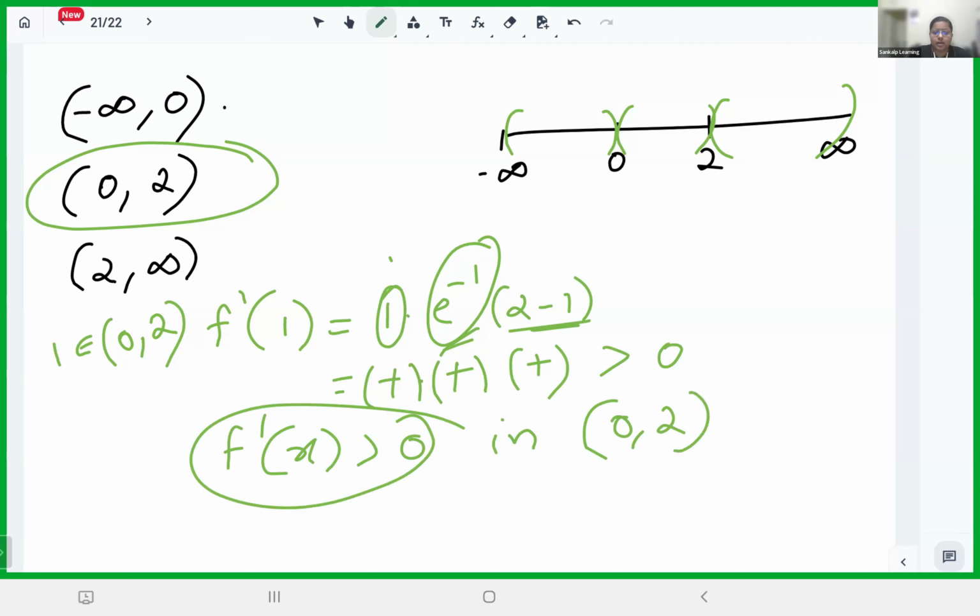From this, what can you conclude about the nature of the function? Since f dash of x is greater than 0, we can conclude that the given function f of x is strictly increasing in the open interval 0 to infinity.